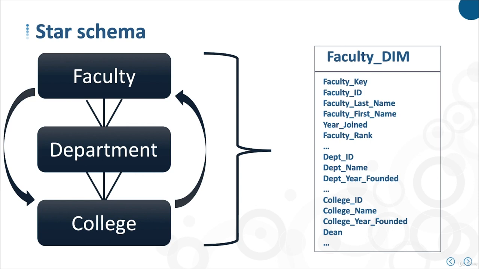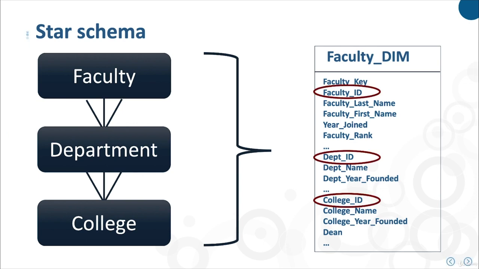However, look over at the faculty dimension table where we've pulled together the fields from faculty, department, and college all together. Now notice within that single faculty dimension table, we have three different ID fields: faculty ID, department ID, and college ID. Each of those are the natural keys of the respective levels of that hierarchy, and essentially each of those is its own separate dimension.